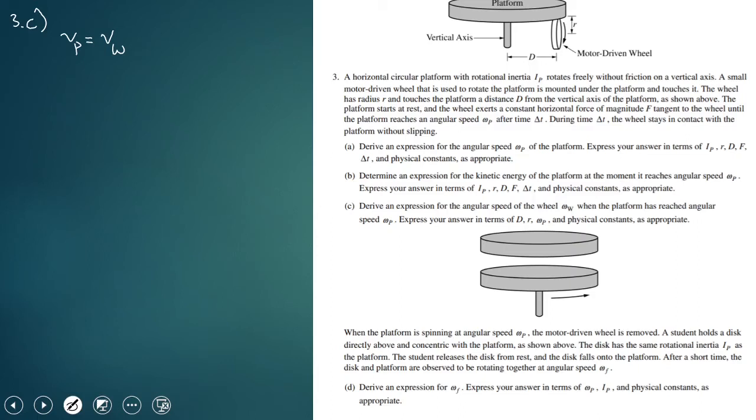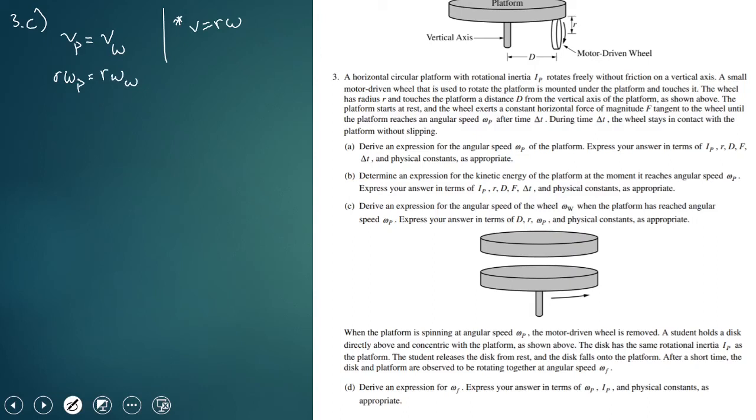Remember that we can also use v equals r omega for rolling without slipping. This is how you convert between the linear and the rotational analogs. And so we get R omega sub p is equal to r omega sub w.